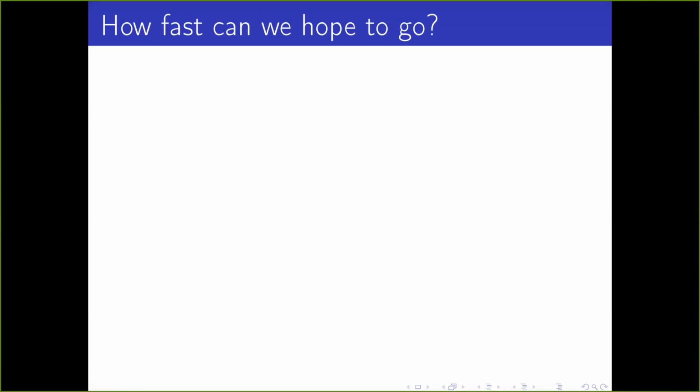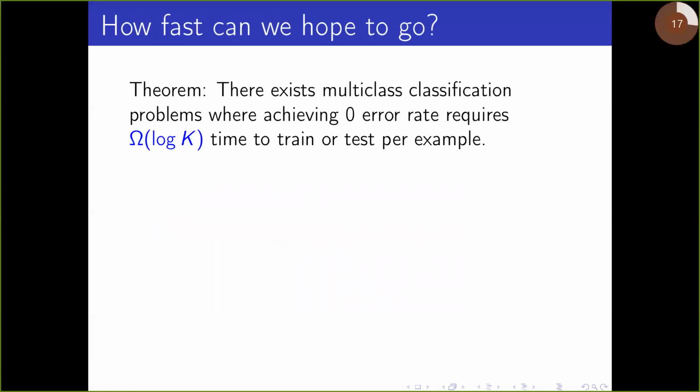And the answer is given by the title. So you can create multi-class classification problems very straightforwardly, where if you want to achieve 0 error rate, you have to take order log number of classes time. And how does that work?